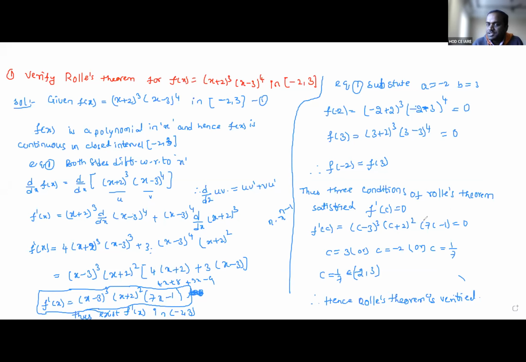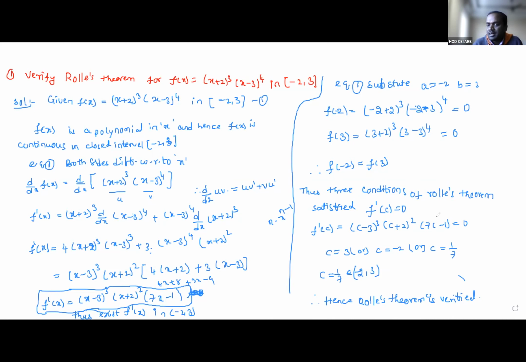Setting these terms equal to 0: (c minus 3) whole cube is equal to 0, so c minus 3 is equal to 0 and c is equal to 3. Then (c plus 2) whole square is equal to 0, so c plus 2 is equal to 0 and c is equal to minus 2.